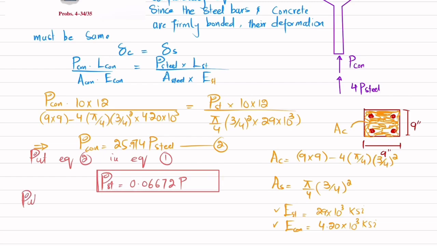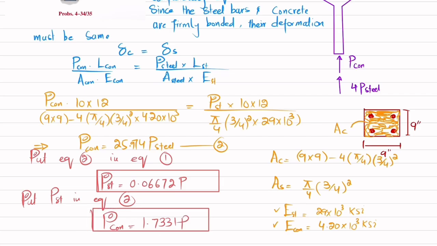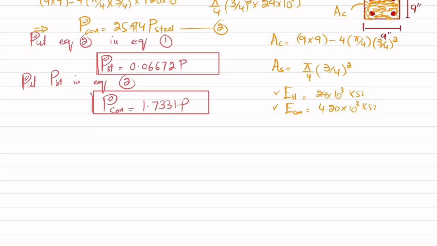Put P of steel in equation number 2, and you will get P of concrete equal to 1.7331 times P. So you have P of concrete and P of steel in terms of P.